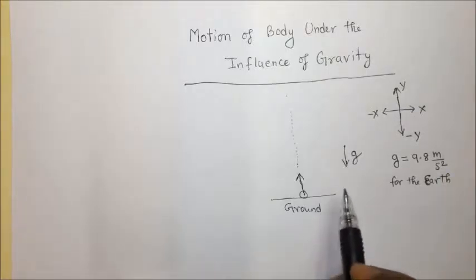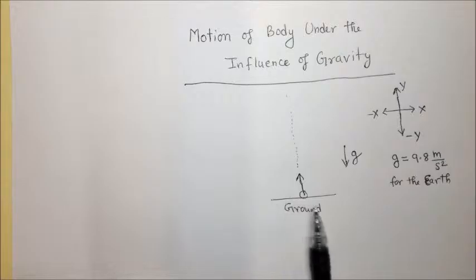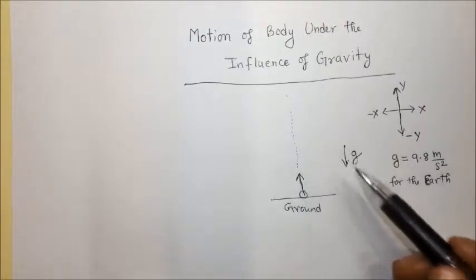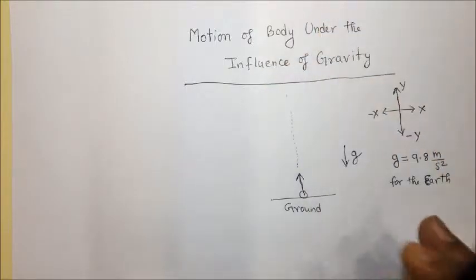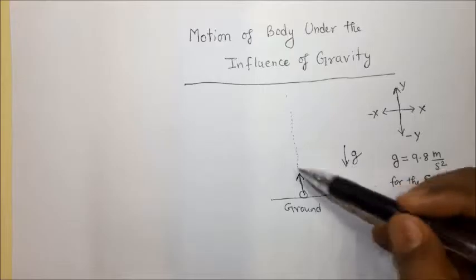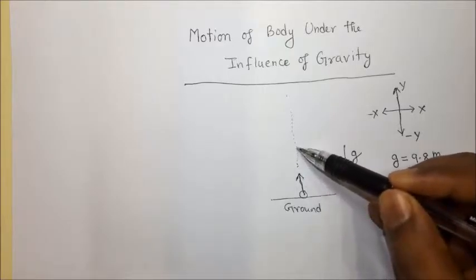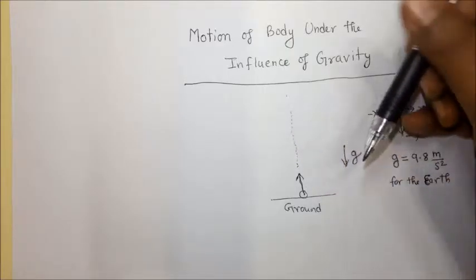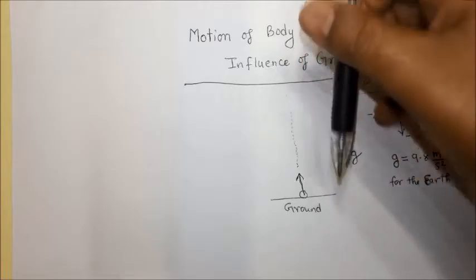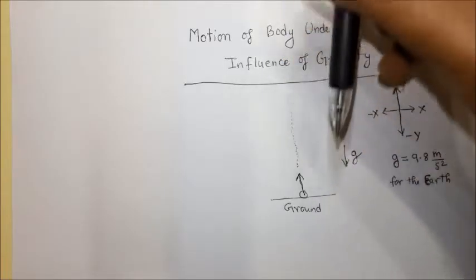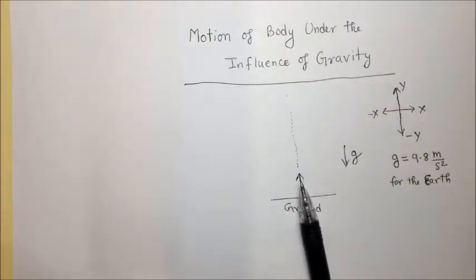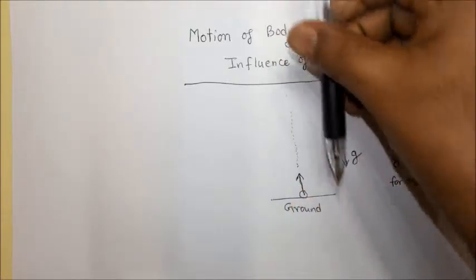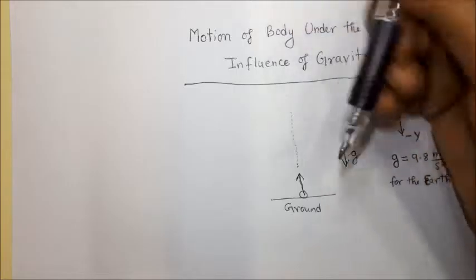So when you throw the ball upward, G will decelerate it. It will try to slow it down. As it goes up and up, it slows down, because acceleration due to gravity is working in the opposite direction, opposite to the direction of motion. So while the ball is going up, G is slowing it down.